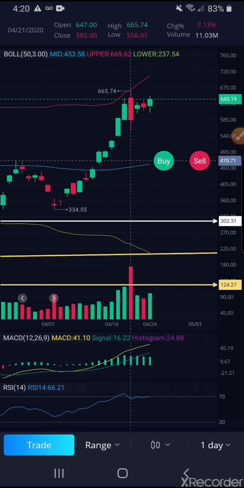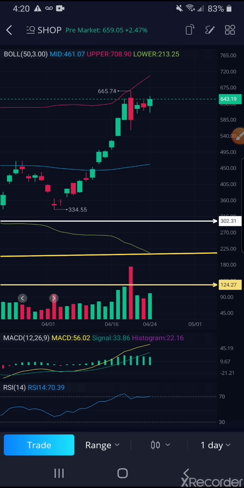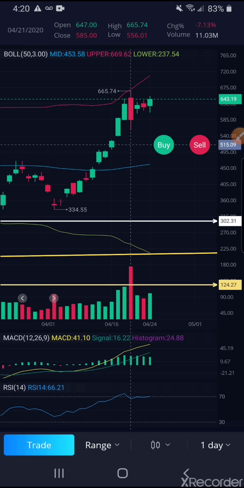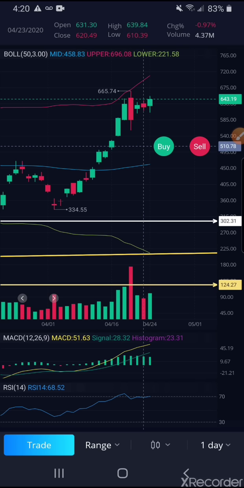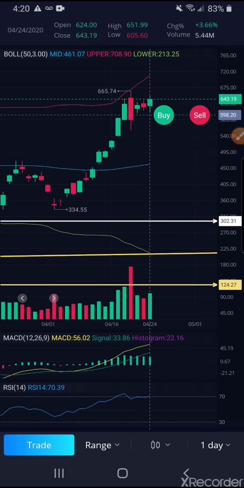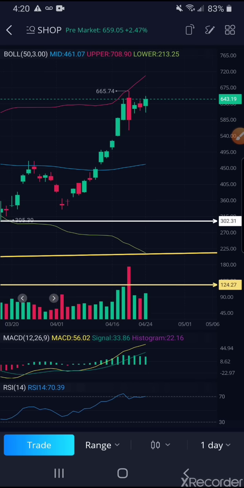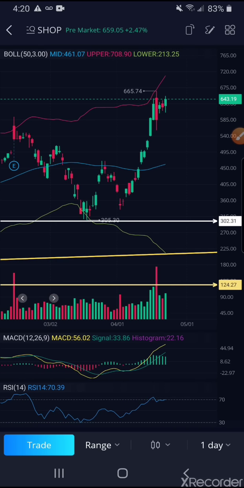It opened up high, 665, and then ended up closing all the way back at 585. That is a huge drop. That's right at $80 actually. And then now you have these 3 little candles here starting to push up again. Now, being that we're on the day, okay, so now we're in a tighter time frame. So here's what I would do in this case.